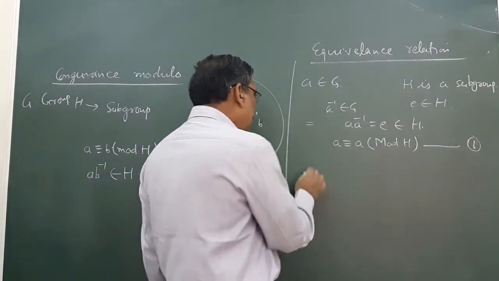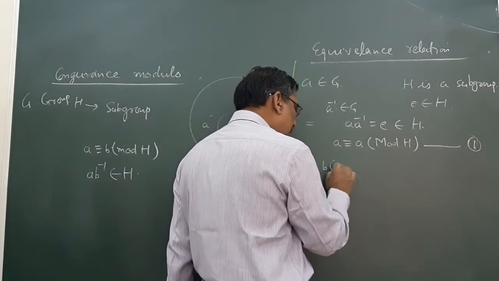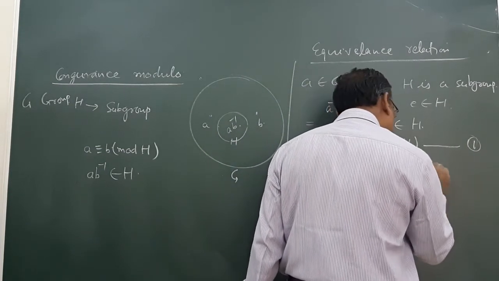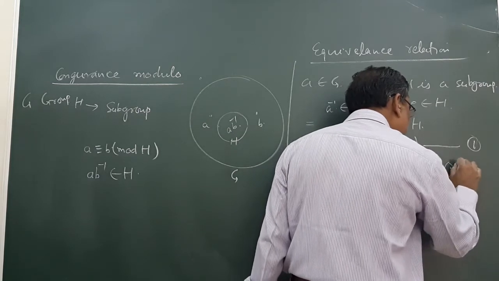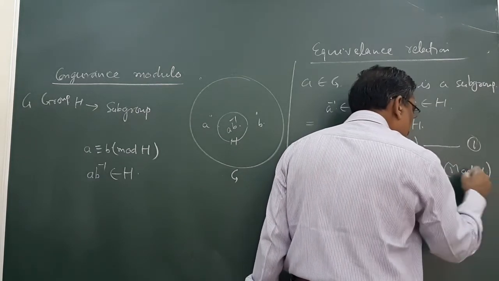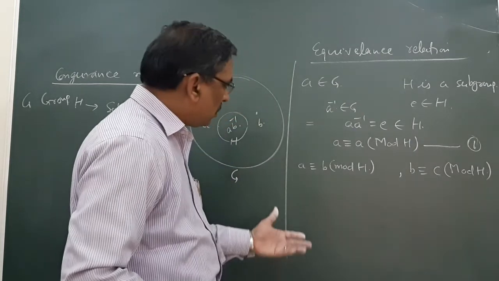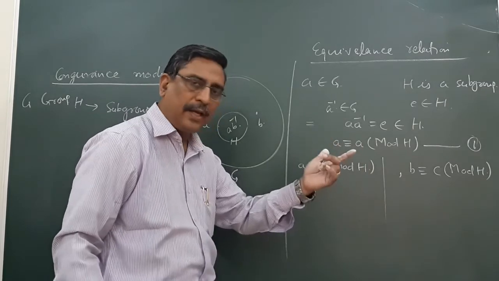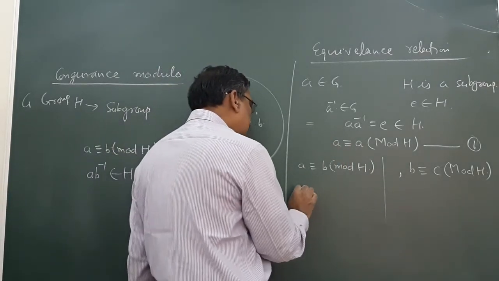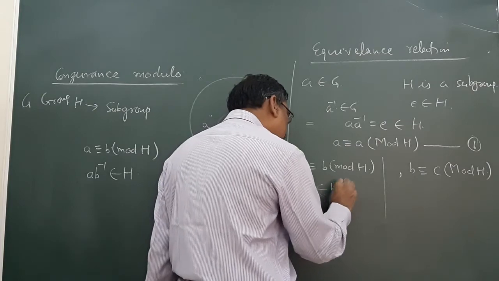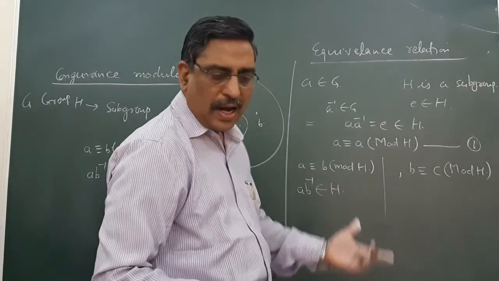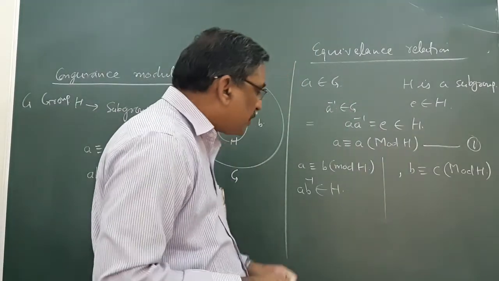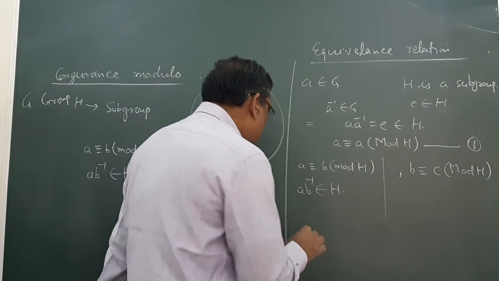Now, if A is congruent to B under mod H, then let us start with this. A is congruent to B means AB inverse belongs to H. These two are congruent to each other, so AB inverse belongs to H, and H is a subgroup.